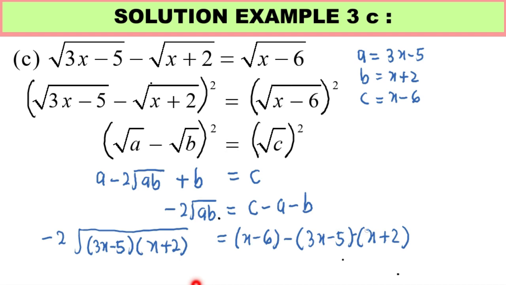Okay, simplifying the right hand side, we're going to get negative 3x minus 3. Then just copy back what we have on the left hand side.